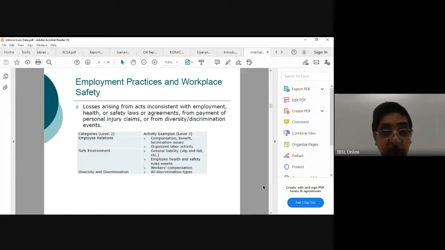Then general liability, slip and fall. The organization has to take responsibility with regard to the workmen's safety issues.